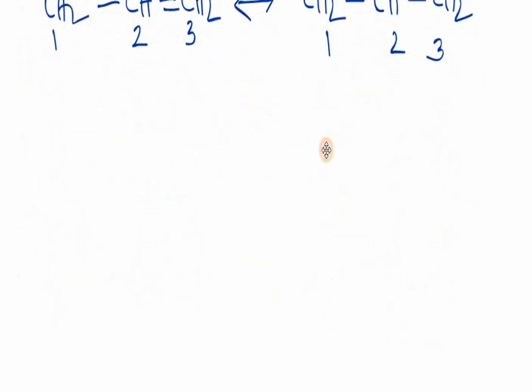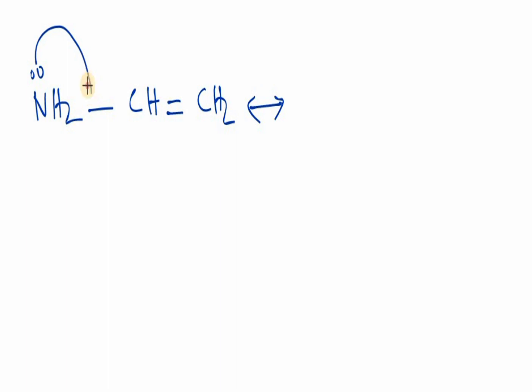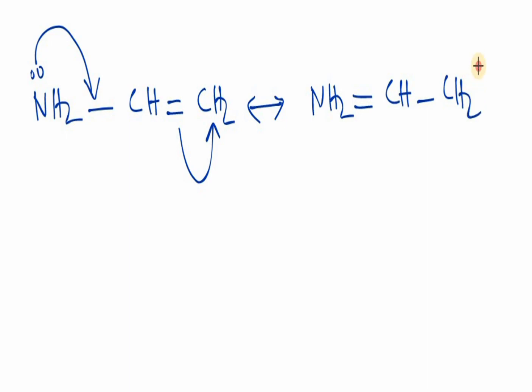Try this once. NH2, CH double bond CH2. Lone pair, bond pair, multiple bond to single bond, then H2N double bond CH single bond CH2 minus.